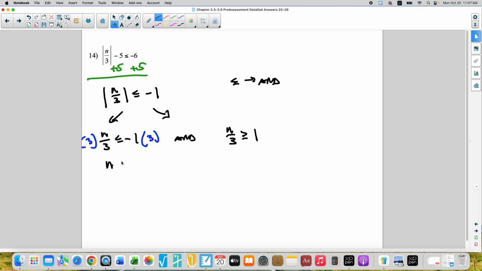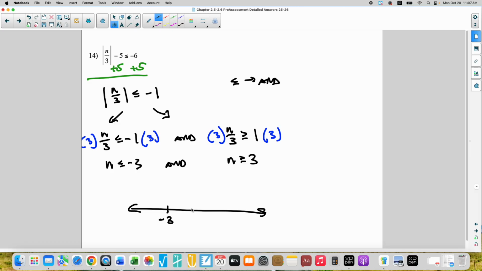N is less than or equal to negative 3. Let's multiply both sides by 3. N is greater than or equal to 3. And negative 3, 0, 3. So let's do this in green.